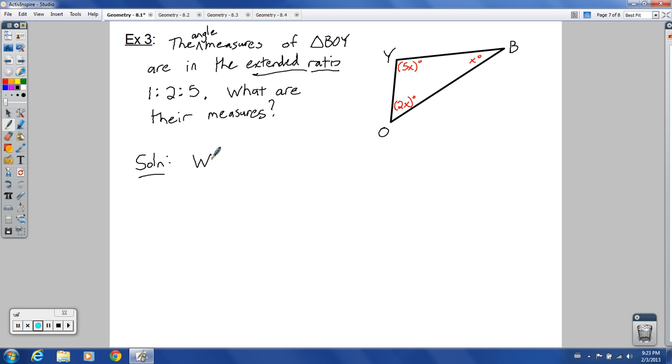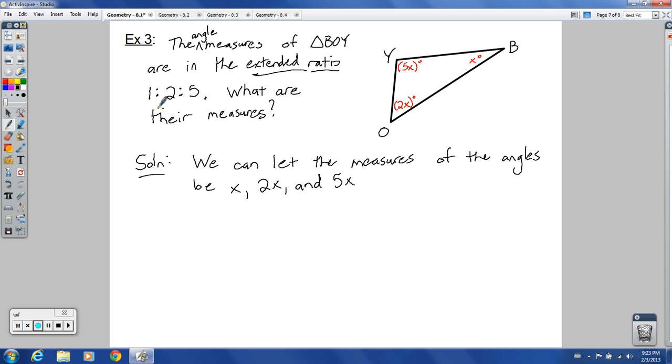Down here we can let, so where did this come from? Let's write this down as a reminder when you look at your notes later. We can let the measures of the angles be x, 2x, and 5x.